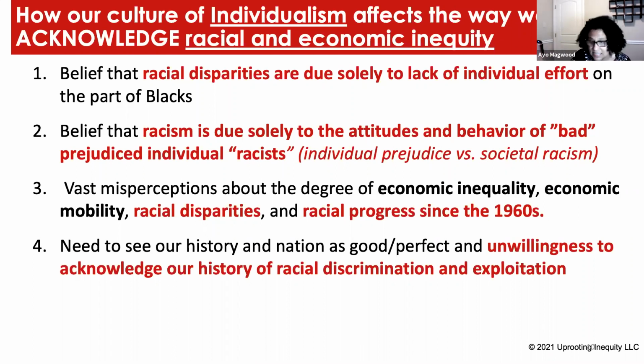For example, the 1619 Project and the quote unquote critical race theory today. We want to think of our history as perfect. And if you suggest that our history is a combination of good and bad, a lot of people feel that almost personally, like you're personally insulting them.